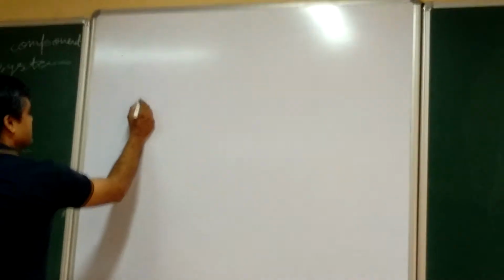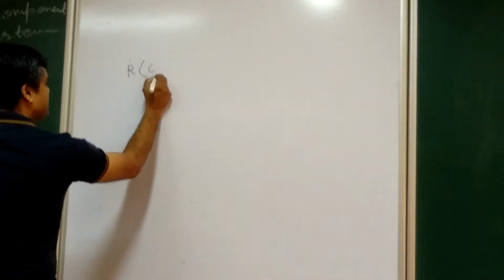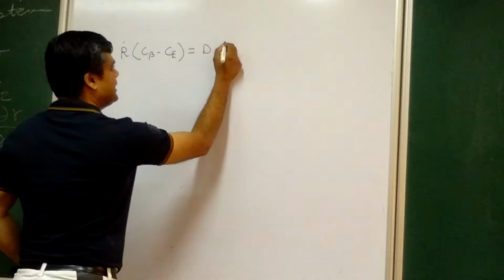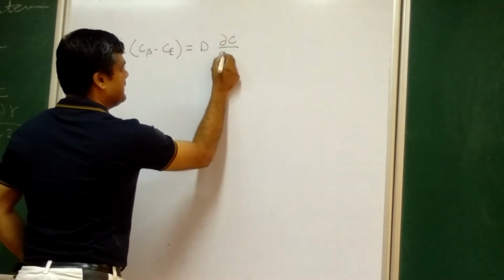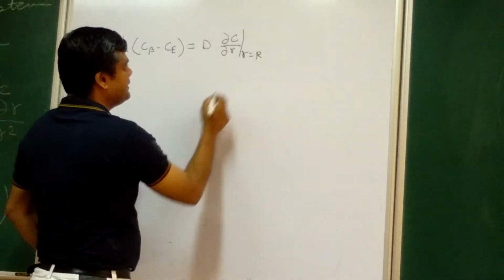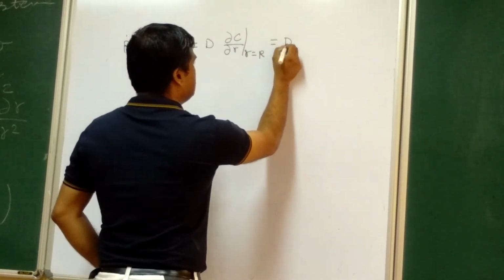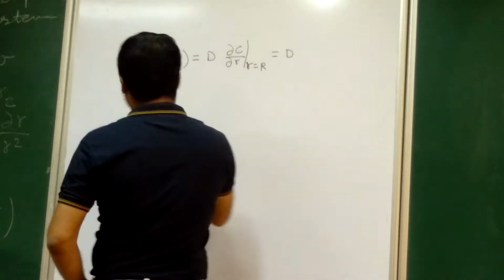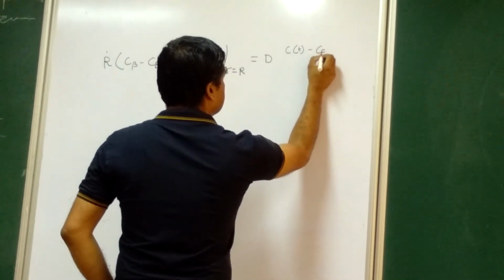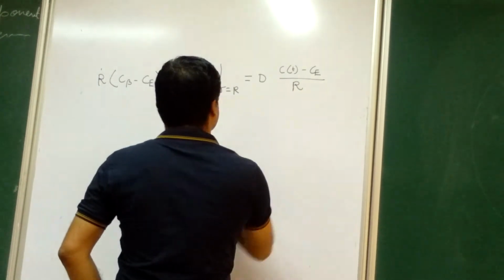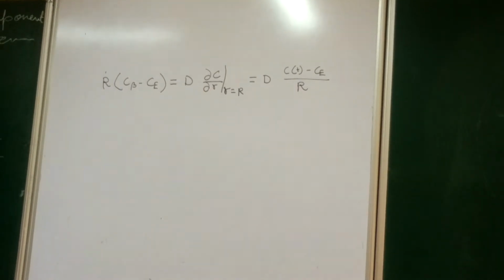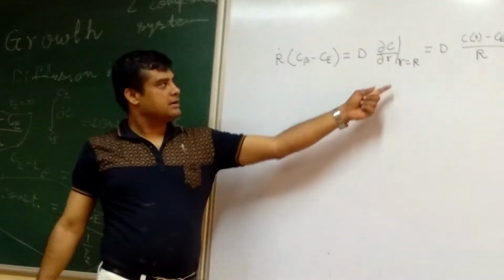If you have any doubt, the equation of R dot multiplied by C beta minus Ce should be equal to del C del R at R equal to R. So we are finding that del C del R at R equal to R is nothing but Ct minus Ce divided by R.